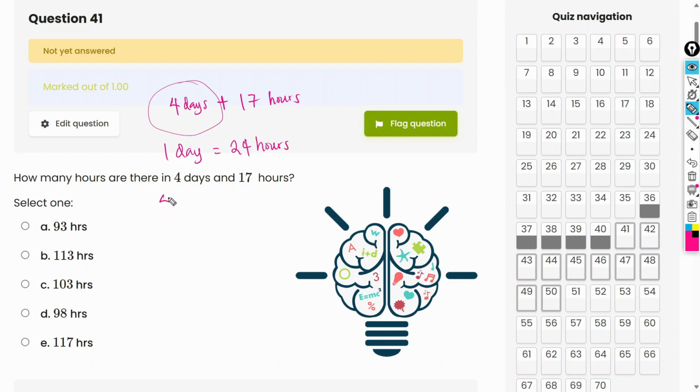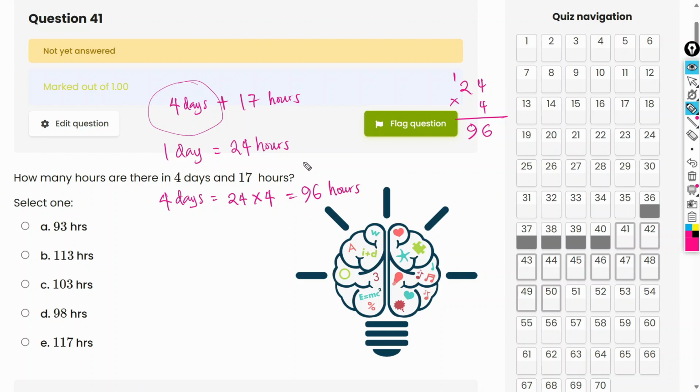So 4 days would be equal to 24 times 4. So let's do that here. 24 times 4. 4 times 4 is 16. 6 carry 1. 4 times 2 is 8 plus 1, 9. So that's 96 hours.